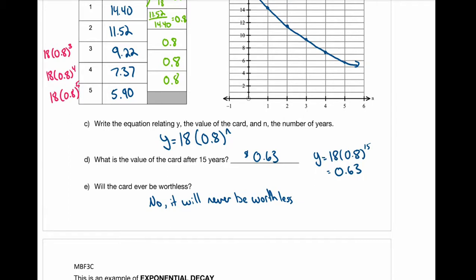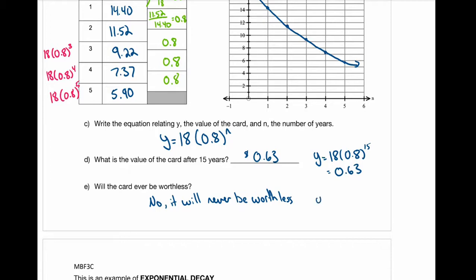So is there any way I can get 0.8 to an exponent of 0 by increasing the exponent? No, because if I think back to my exponent rules, there's no exponent that will make my base 0. The only case would be if the base itself is actually 0.